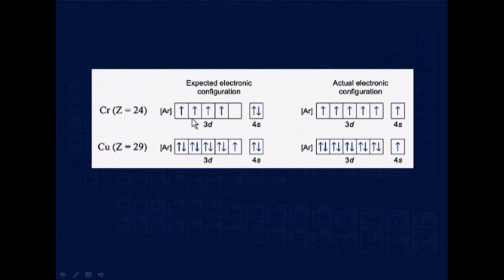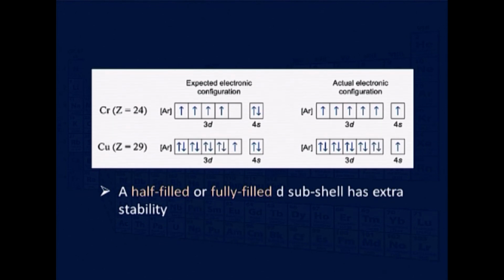As I was saying about chromium and copper, the anomalies in the electronic configuration can be answered very easily with the fact that any orbital which is exactly half filled or exactly fully filled will be more stable, or extra stable, and therefore the electronic configuration of chromium will be this and that of copper will be this, rather than these two.